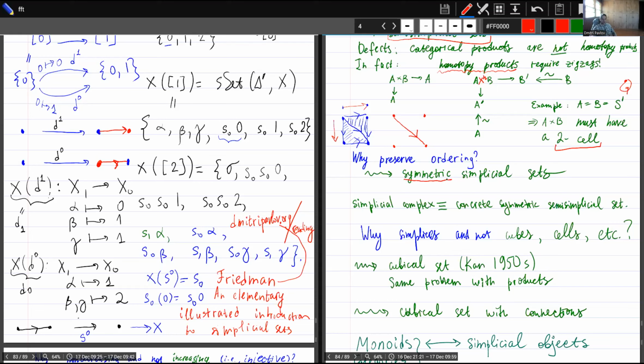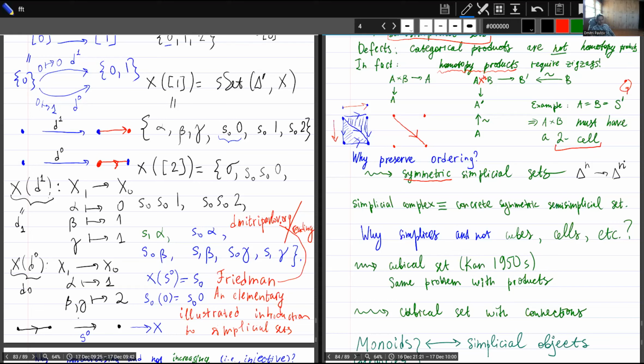So in symmetric simplicial sets, you would have non-trivial automorphisms from delta n to itself, which simply permute vertices. And sometimes, and in fact quite often, it may be annoying to keep track of such symmetric groups. It's extra work, and it's maybe a bit less practical.